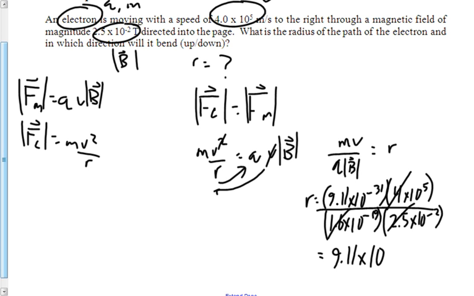What is it? Oh, sorry, I missed the 5 there. This is 10 to the minus 26 on the top, right? 10 to the minus 26 divided by 10 to the minus 21 gives me 10 to the negative 5.